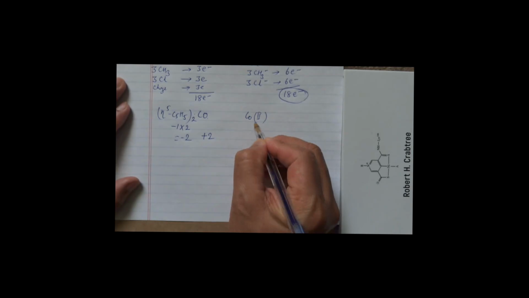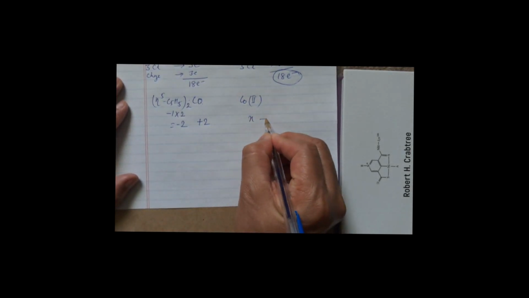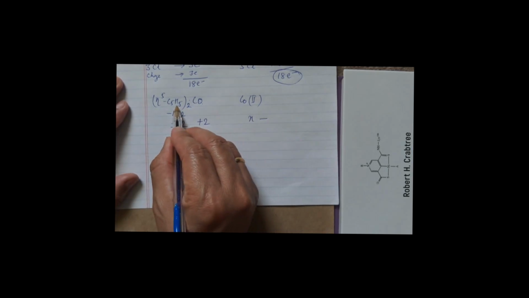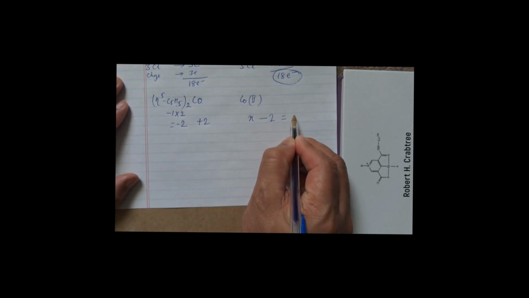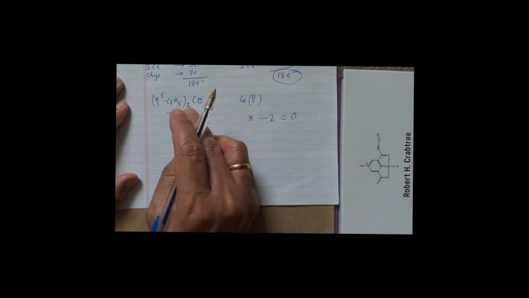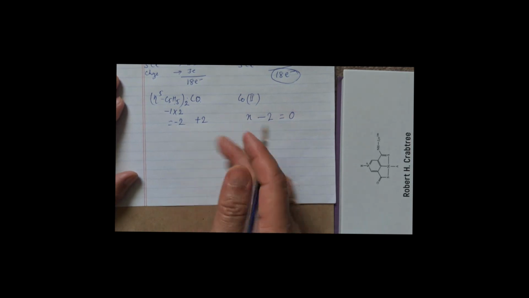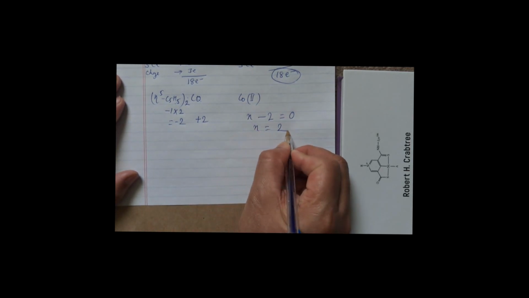Or you can use the next method that I have shown: X for cobalt, and for each of these it's -1, so there are two, -2, equals 0, since it is not a cation or an anion. You need to have 0 if it is a complex or a compound, so you'll get the value 2 again here.